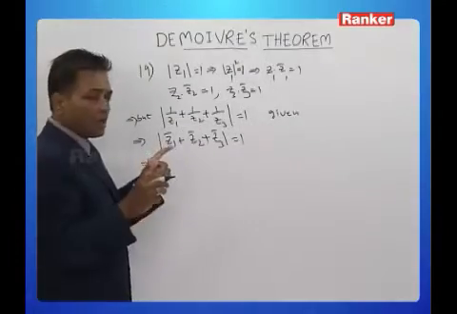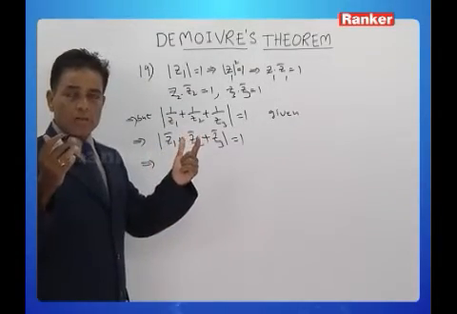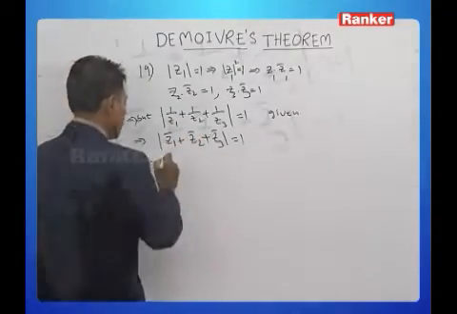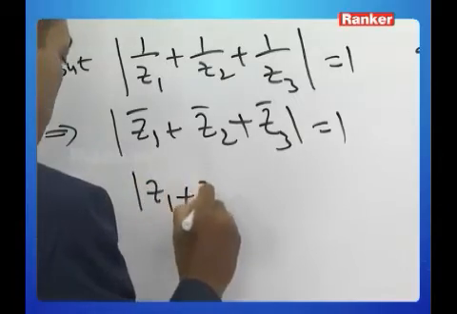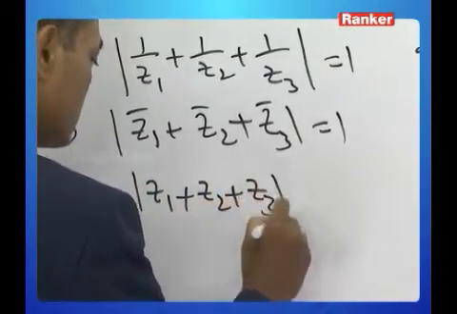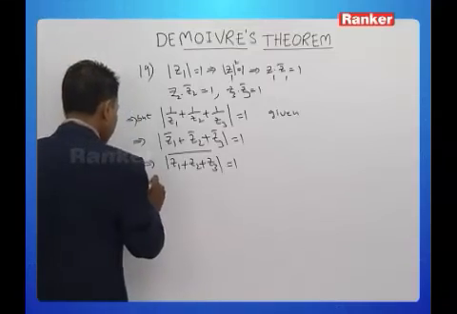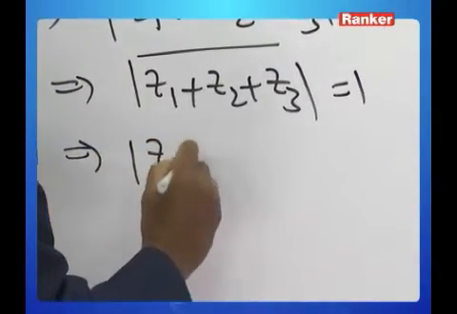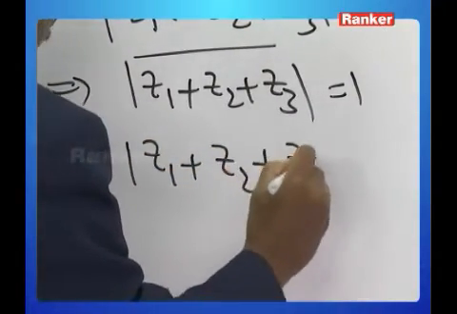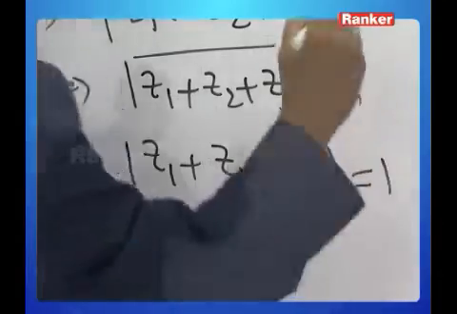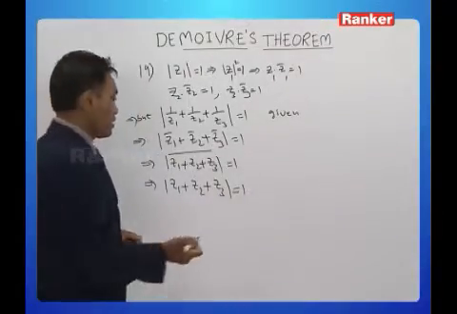Finally, mod Z and mod Z bar have the same value, so we can write this as 1. So from this we can understand, yes, modulus of Z1 plus Z2 plus Z3 is also 1.